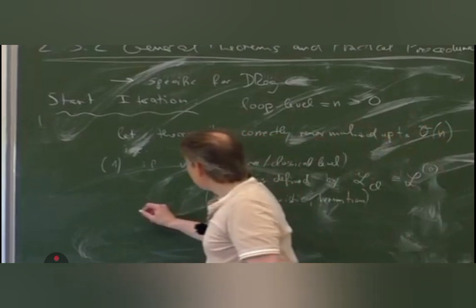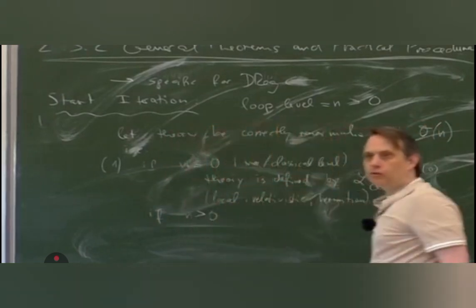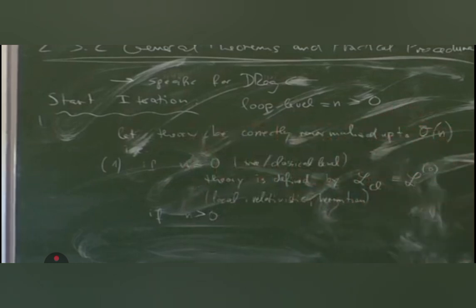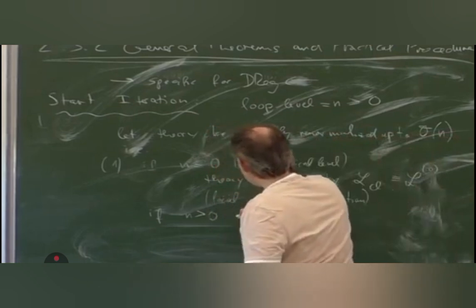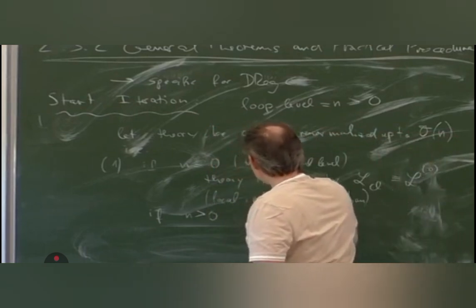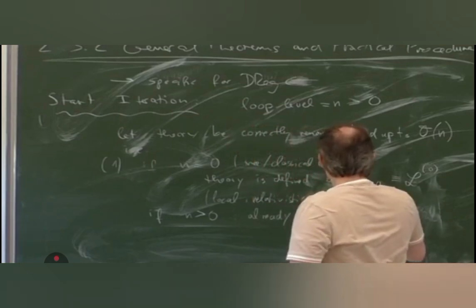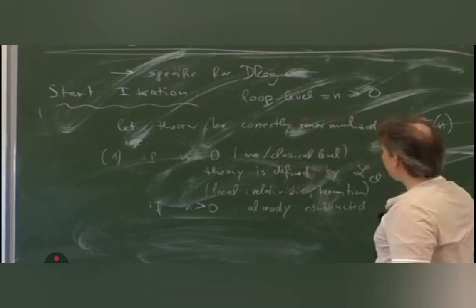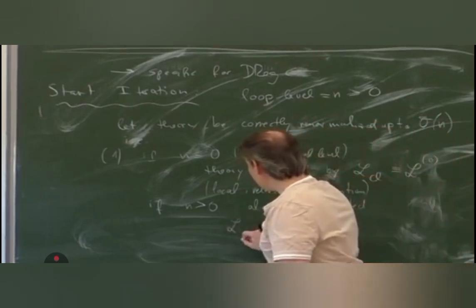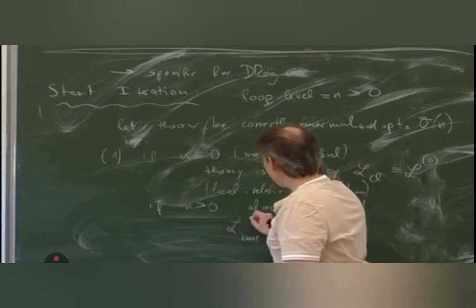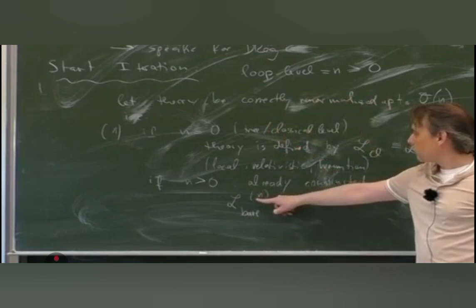So if n is bigger than 0, then we have already done some work up to the n loop level. In this case we assume we have already constructed the renormalization up to this order. And what that means is that we do not only have the classical Lagrangian, but we have something that we call the bare Lagrangian. A bare Lagrangian defined up to the order n, which I denote with n in brackets as a superscript.